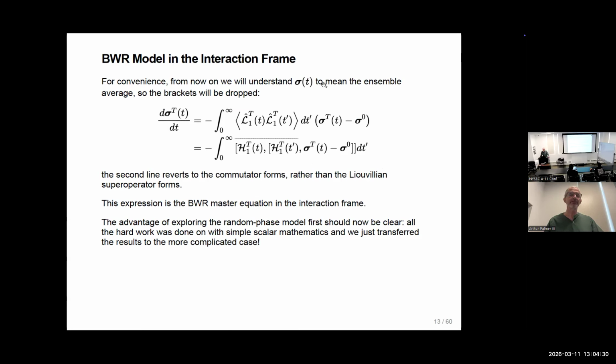Well, just to refresh your memory from last week, we derived an equation for the density operator in the interaction frame, sigma 2 of t, by analogy to what we did with the random phase model.